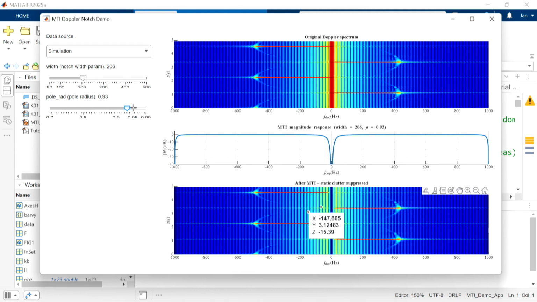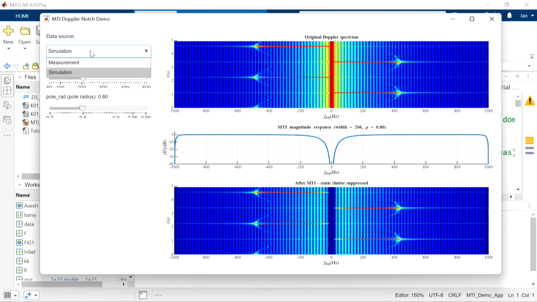Check, this size will be higher and higher, wider and wider. So just play. I will give you 1-2 minutes to play with it, and there you have the data source.